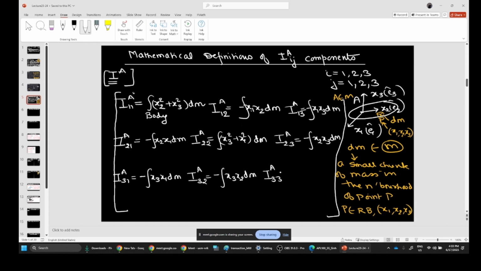Finally, IA33 is x1 square plus x2 square dm.